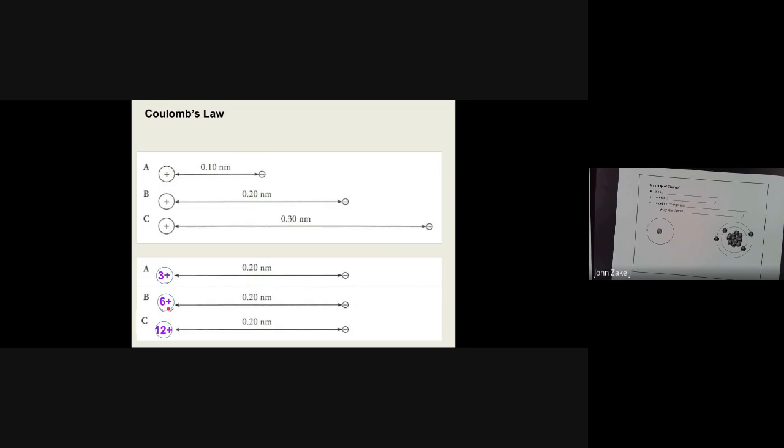That's much stronger than the 6 plus or the 3 plus. Even though these negatives are all ones, one negative, one negative, one negative, because the positive quantities here are so much larger in C, it's going to have much stronger attraction than in A or B.